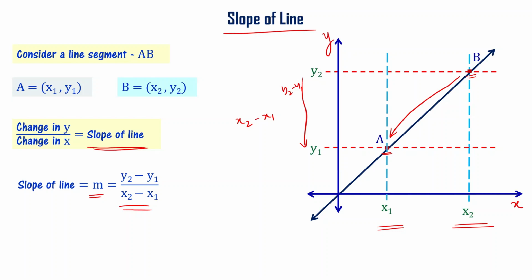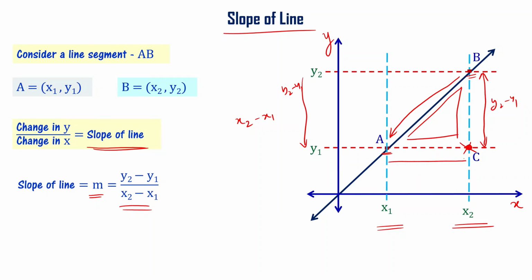Now let me mark this particular point as C. Now you have a triangle ABC, right? Triangle ABC ఉంది కదా, అండ్ ఈ పర్టికులర్ ట్రయాంగిల్లో మీరు చూస్తే కనుక B నుంచి C కున్న డిస్టెన్స్ ఎంత అంటే y2 minus y1, రైట్?